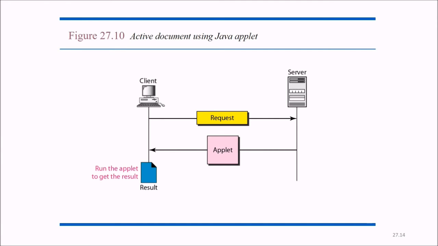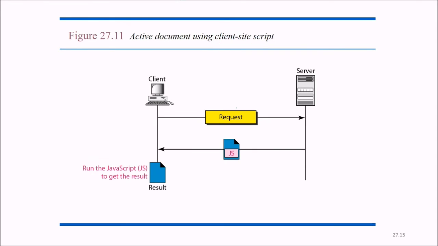And an active document, you can also have using, say, high-level programming languages. Java applet. Applet means a small application. Small application is Java applet. Now again, you can send the request, and through the Java applet, you can run the applet to get the result.